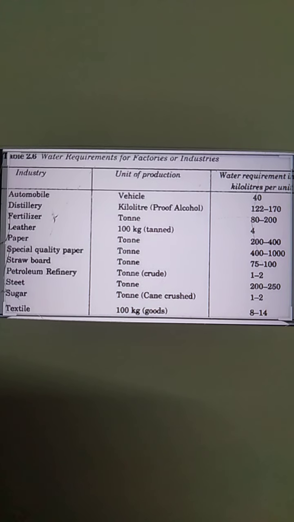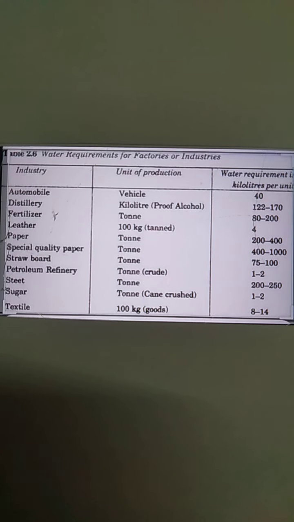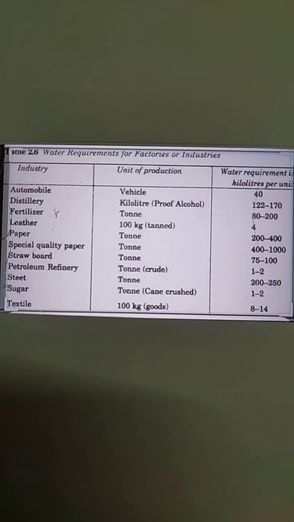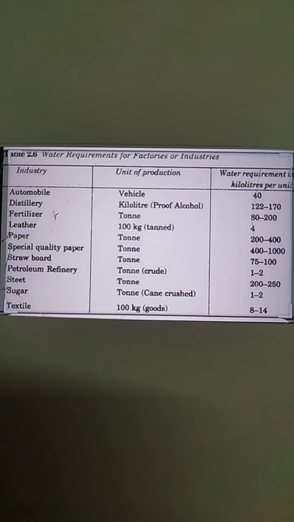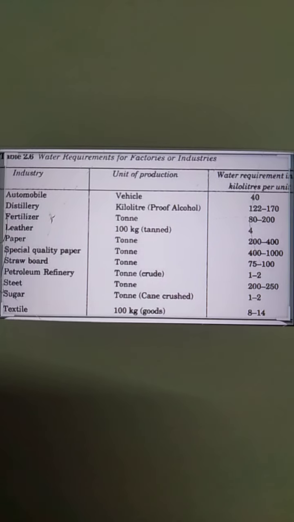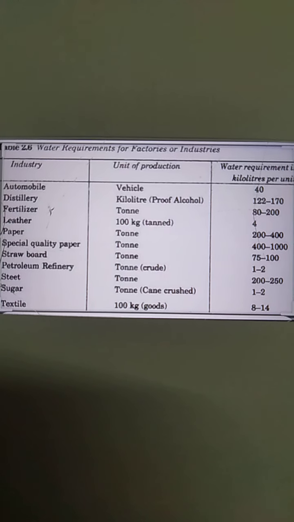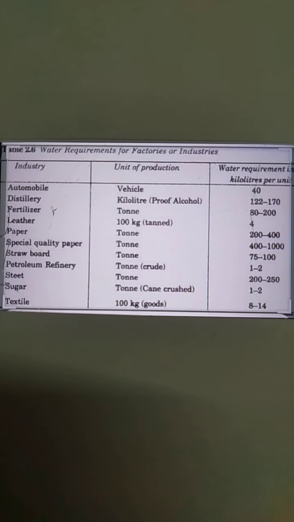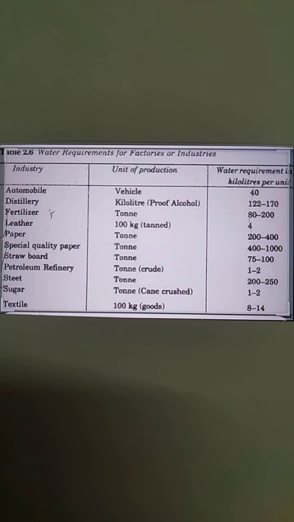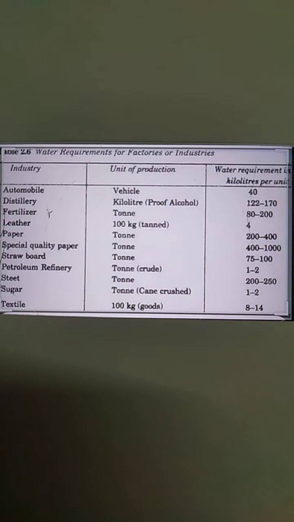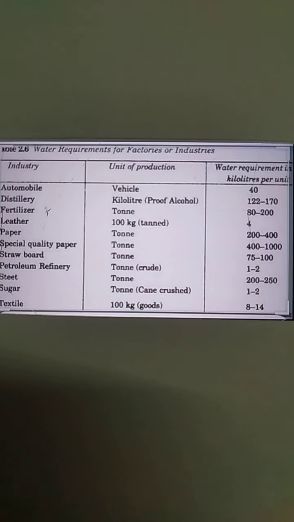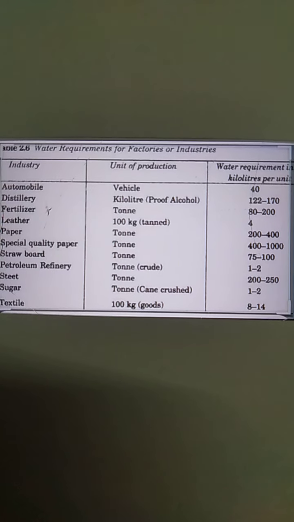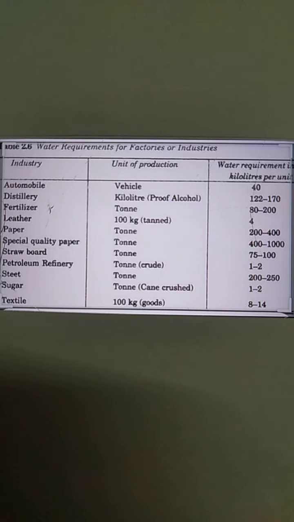Then distillery, the unit of production is kiloliters, and we require around 122 to 170 kiloliters per unit. Then fertilizer, the unit of production is ton, and we require around 80 to 200 kiloliters per unit. Then leather industry, the unit of production is 100 kgs, and we require 4 kiloliters.